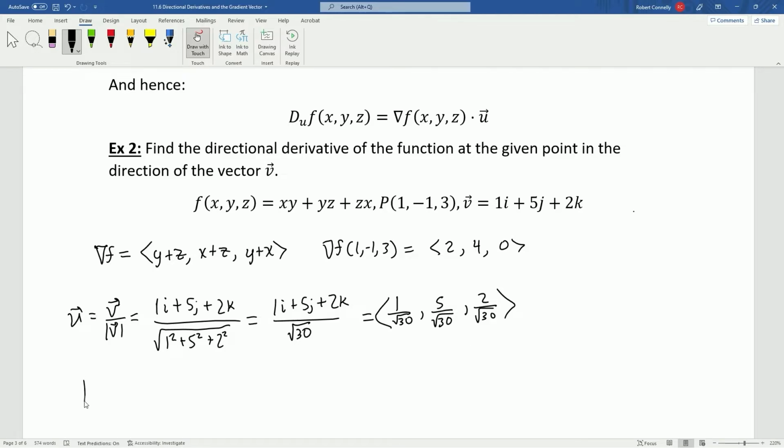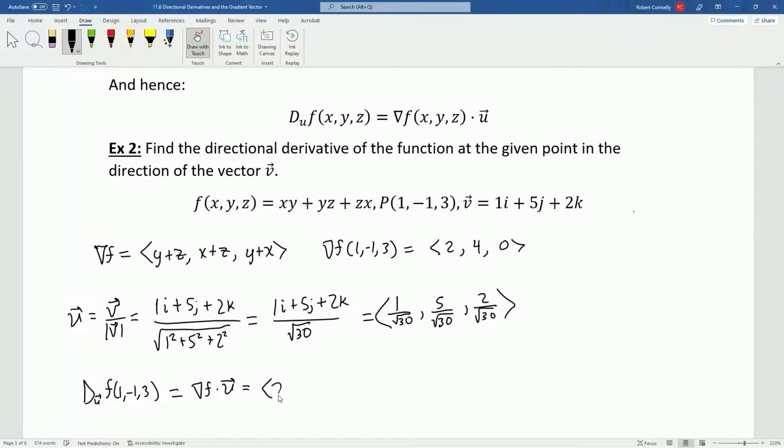Okay, so now if we want the directional derivative of f at this point with respect to the unit directional vector u, it's a real tongue twister. If we want this directional derivative, then we just need to take the dot product of these two things, right? So we take the gradient of f dotted with u.